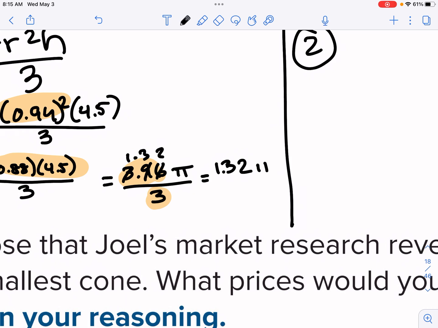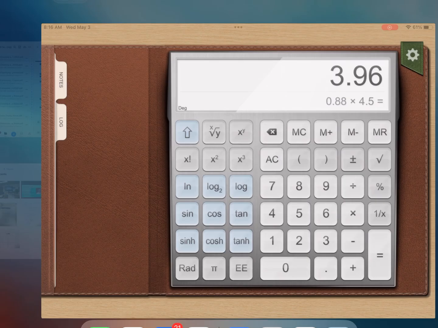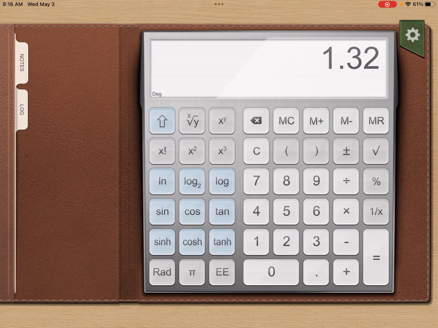1.32 times pi. So let's finally multiply 1.32 times 3.14. All right, and we get 4.1448. Again, just keep going to the hundredths place. That 4 is in the hundredths place, the second 4.